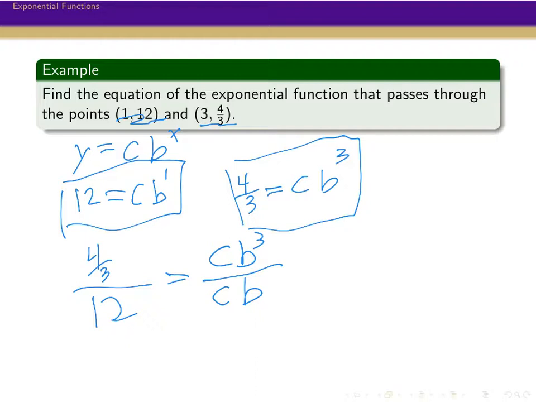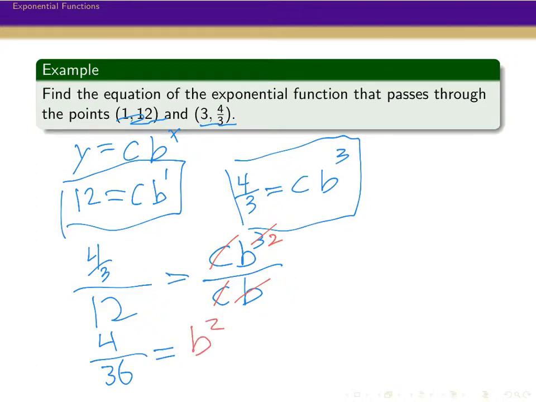So over on the left-hand side here, I've got 4 thirds divided by 12. This is the same thing as 4 over 3 times 12, which is 36. On the right-hand side, I have c times b cubed over c times just b. Well, I can cancel off these c's, and b cubed divided by b cancels off to b squared.